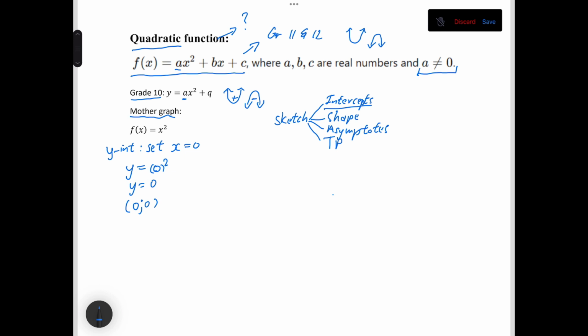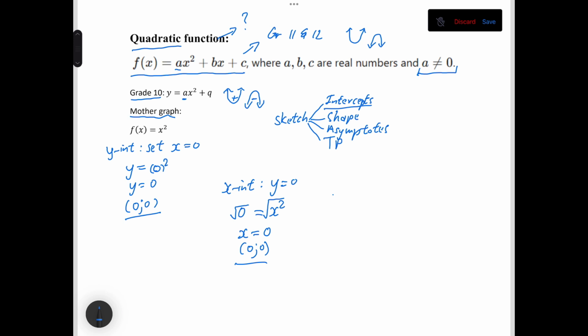And then we do the x-intercept, and then we make y equal to 0. We set y equal to 0. This is just a notation that you need to use because you are making statements here. 0 equals x to the power of 2, and then we know if we have a square, we're going to take the square root of both sides to get rid of the exponent 2 there, and therefore x is equal to 0. And there we write it in coordinate form as well.